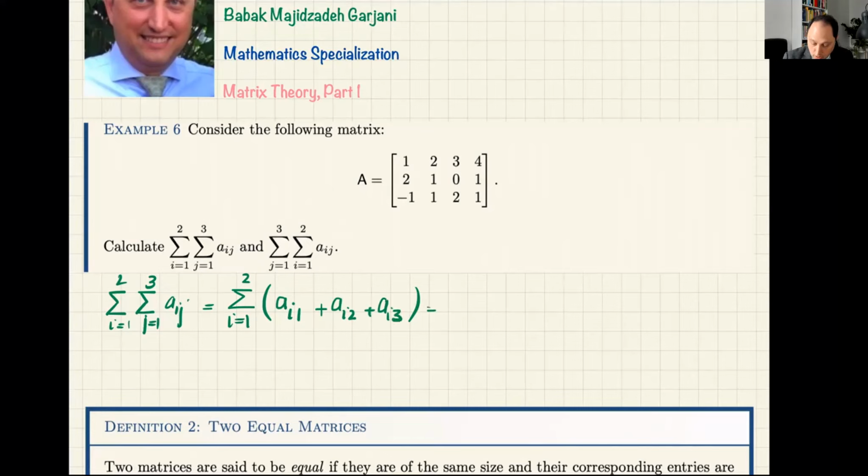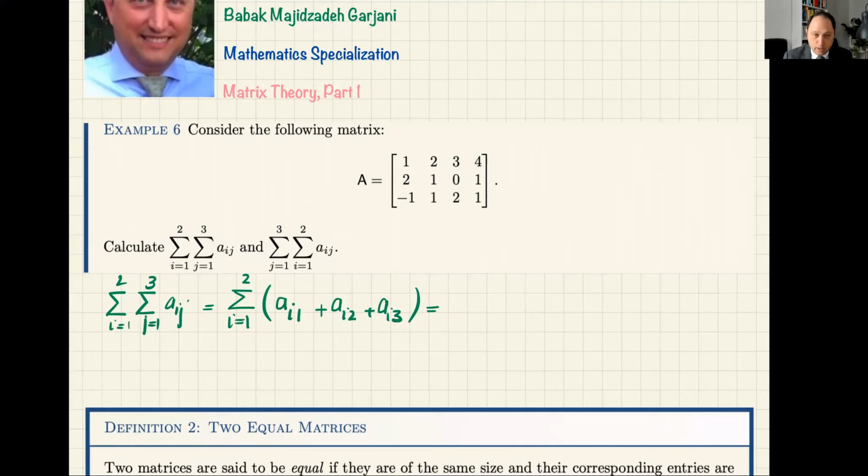But now I open the second sigma. In the second sigma, I goes from 1 to 2, so I need to replace I with the first number 1 everywhere. So what I get is A11 plus A12 plus A13.